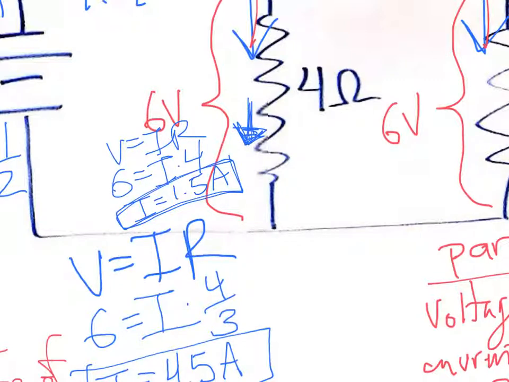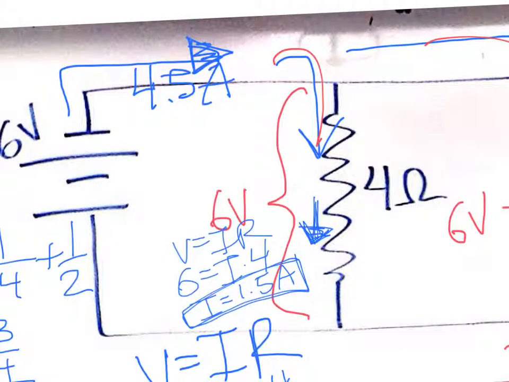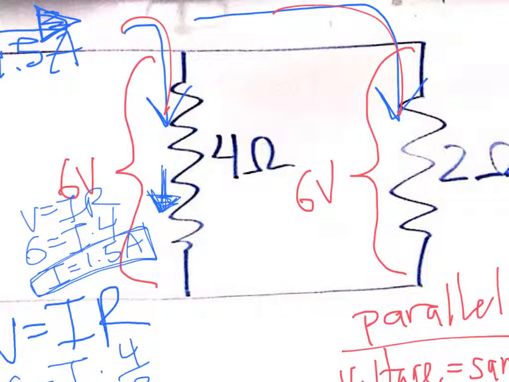Let's predict. If we know the total is 4.5 amps and 1.5 amps goes through here, does it make sense that the current through the other one would be what? Yes, you guessed it, 3 amps. Let's triple check just to make sure. V equals IR.